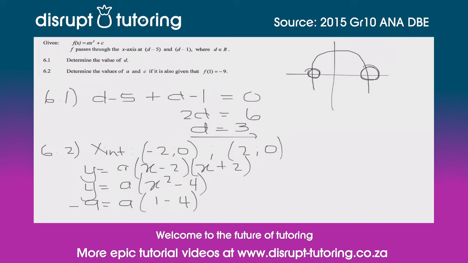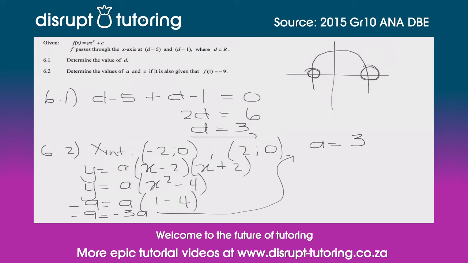So that's minus 9 equals 1 minus 4, that's minus 3a. So that means I can solve for a, and if I divide both sides by minus 3, I'm going to get 3.